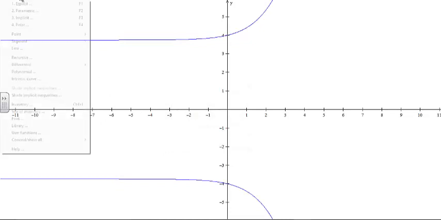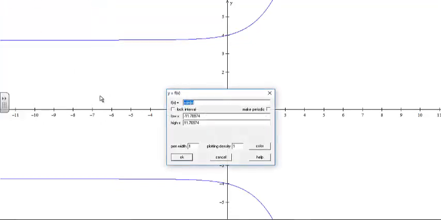I think if you did the explicit solution, y equals, what did we have? The square root of 2 times e to the x plus 14.